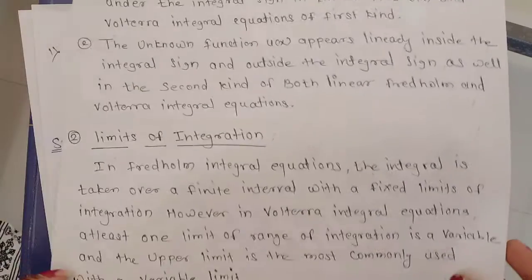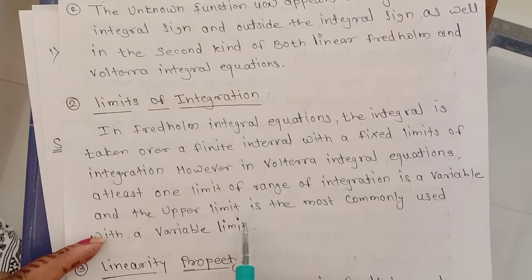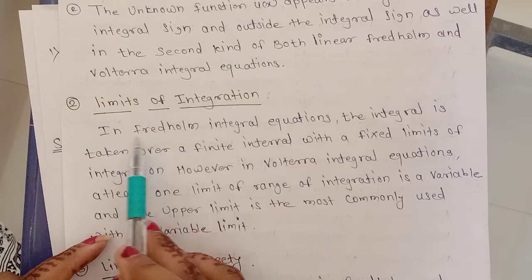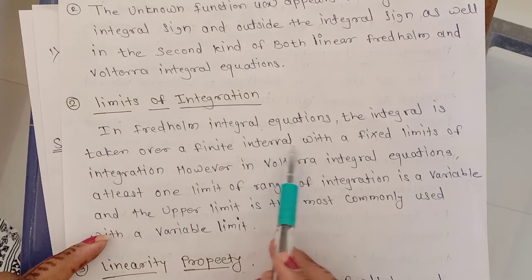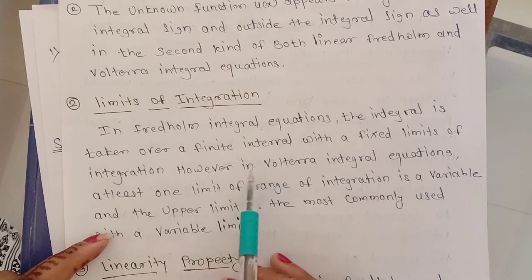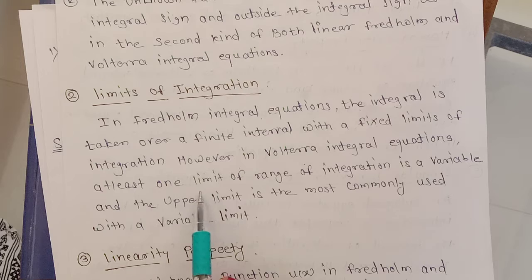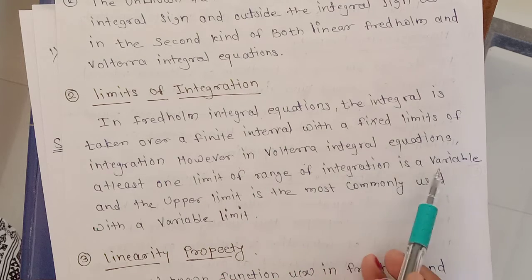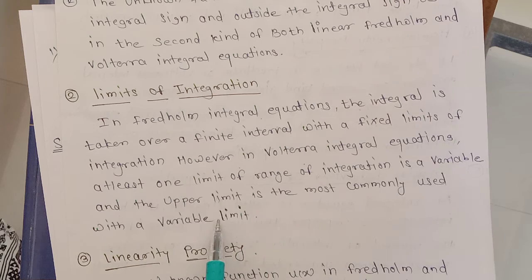Look at the limits of the integration. In the Fredholm integral equation, the integral is taken over a finite interval with fixed limits of integration. However, in the Volterra integral equations, at least one limit of the range of integration is variable, and the upper limit is the most commonly used variable limit.